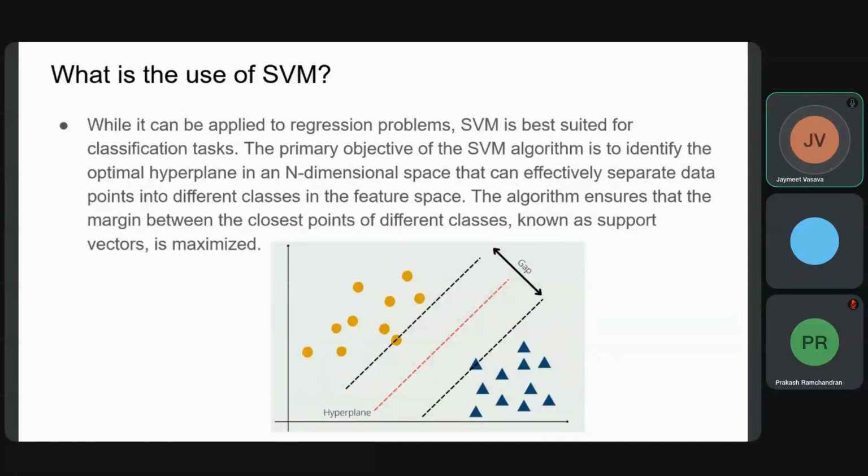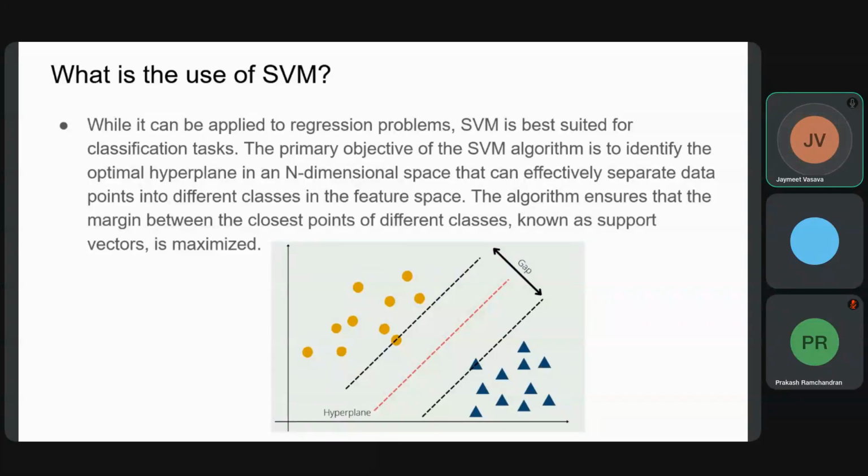Now you can see something similar in the image below, that the hyperplane is depicted with a red dotted line, whereas two black parallel lines are drawn, which are called margin lines. Support vectors are the data points that the margin line passes through, which are closest to the hyperplane.